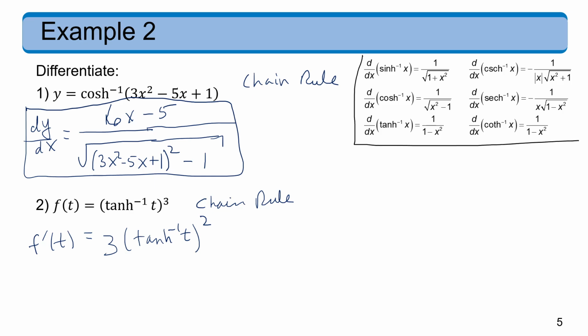Now we multiply by the derivative of the inner function. And that is just, it's not a chain rule problem or anything for that derivative. It's just straight from this formula. The only difference is we're using t in place of x. So it will just be 1 over 1 minus t squared.